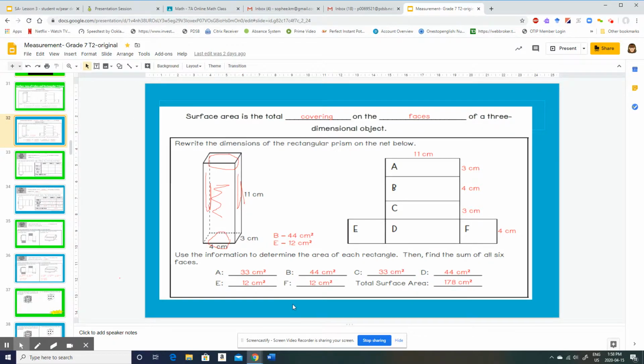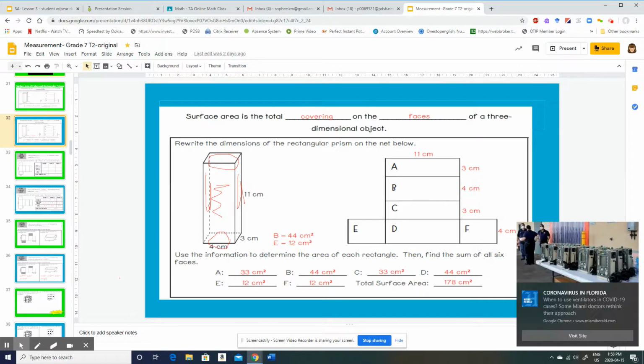So base times height. A was 11 times 3, which is 33 centimeters squared. B was 4 times 11, which is 44 centimeters squared. And C, again, 3 times 11, so it's 33 centimeters squared. D over here was 44 centimeters squared.